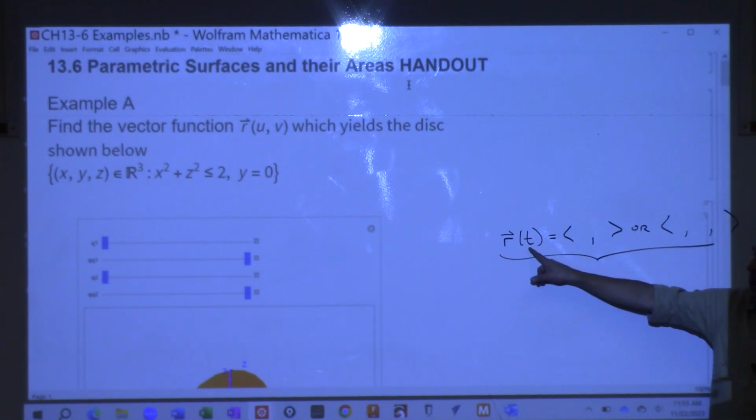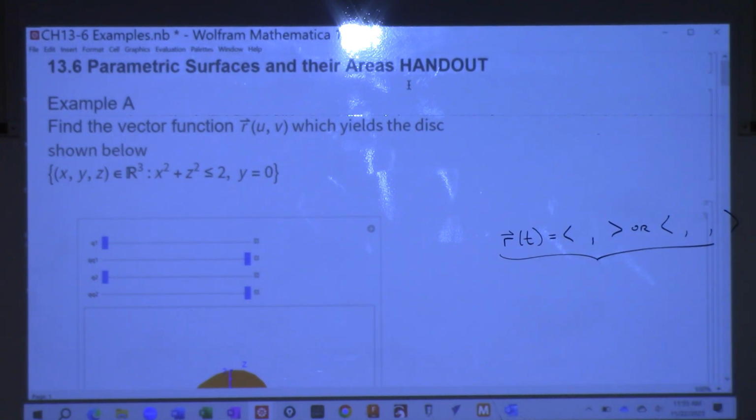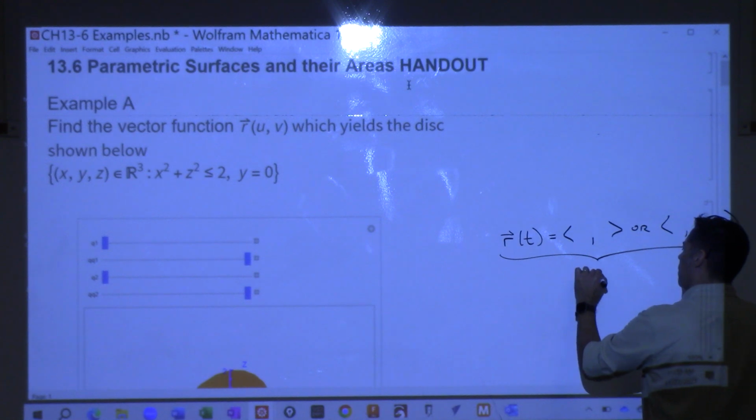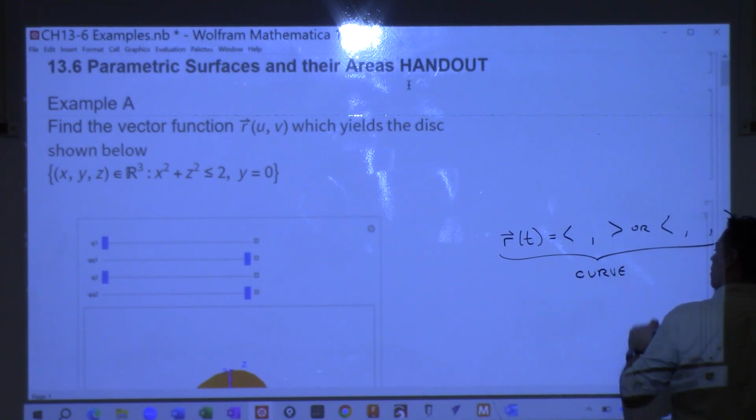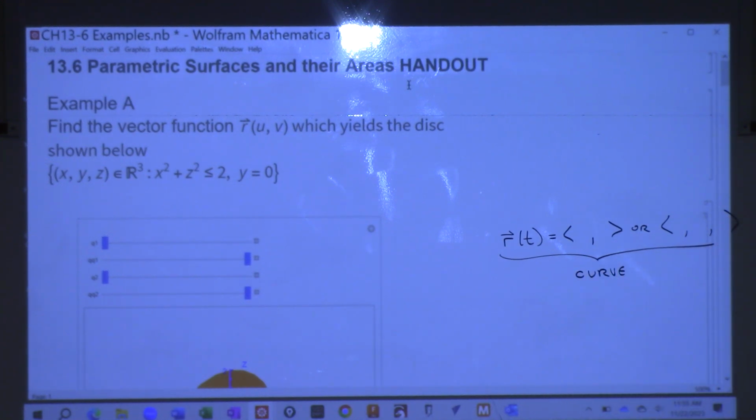One variable in. A line or a curve, right? These are curves. Go back to chapter 10, I don't remember what section, but we talked about space curves and how you draw curves in space.